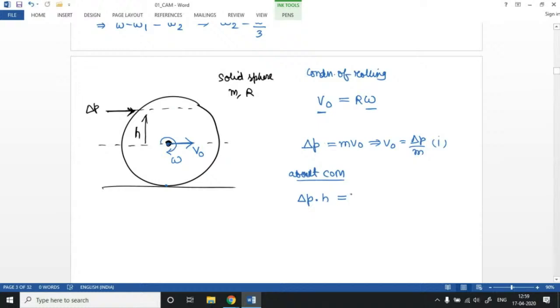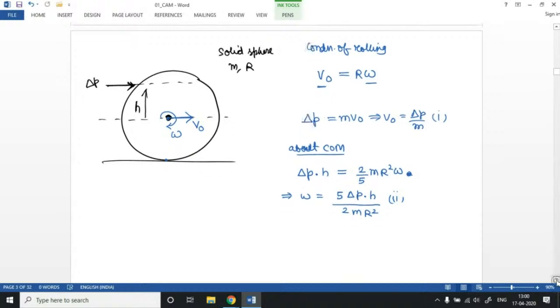So I here is basically 2 by 5 m r square, times omega. Rearranging this, the omega here would be 5 delta p into h divided by 2 m r square. So that is equation number 2.